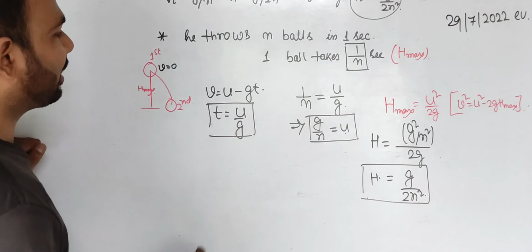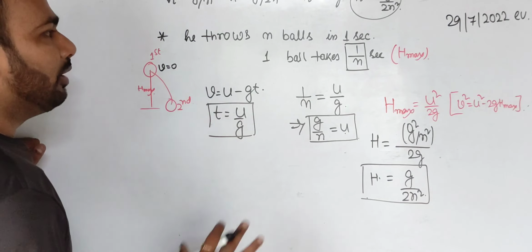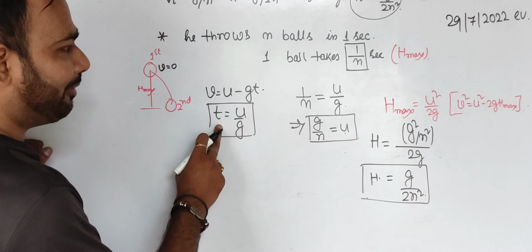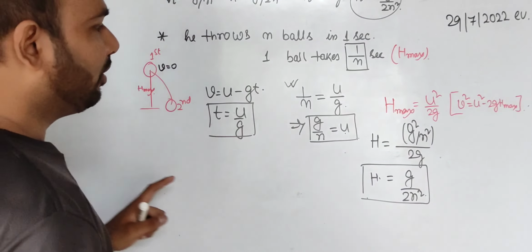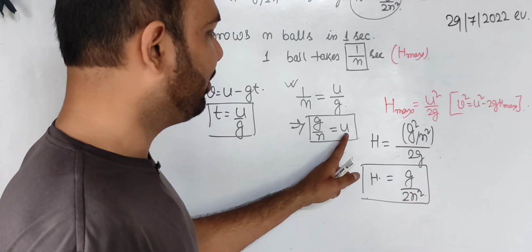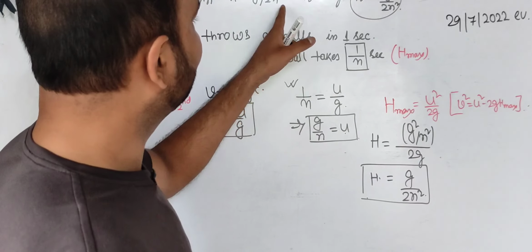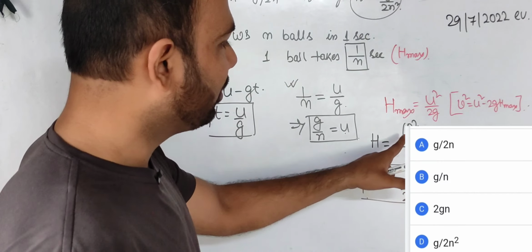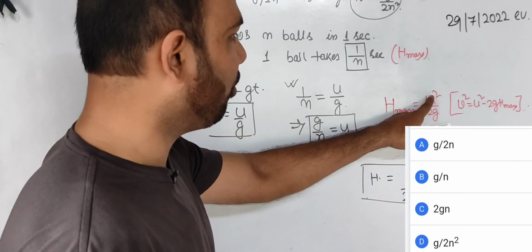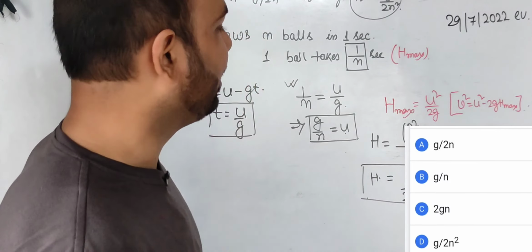Similarly, using the concept of linear motion, we can also find the time. We simply equate these two relations to find the initial velocity, because in this case the expression of h is independent of u. So we replace the value of u over here and we get the relation.